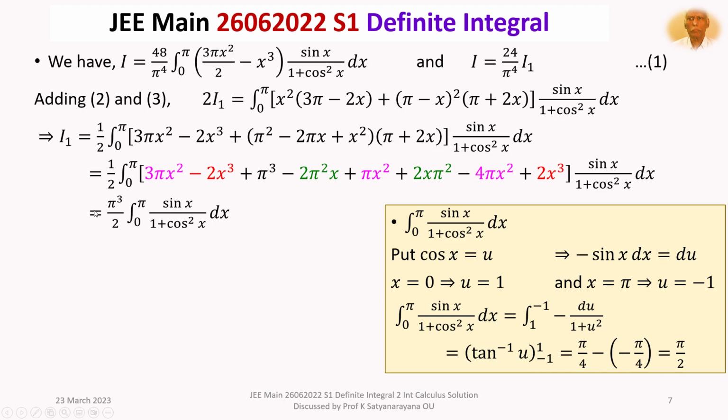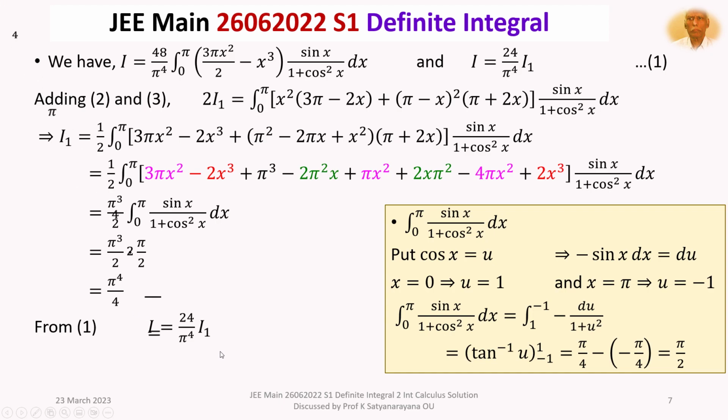Come back here. That is equal to pi cube by 2 into this integral we have seen here, which is pi by 2. So, multiplying, we will get pi to the power of 4 by 4. Let's go back to find the value of I. From 1, I is equal to 24 by pi to the power of 4 into I1, and the I1 value we have is pi to the power of 4 by 4.